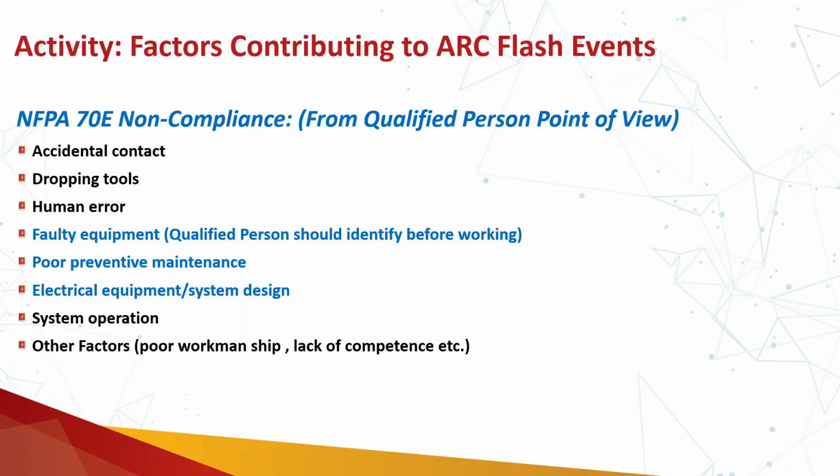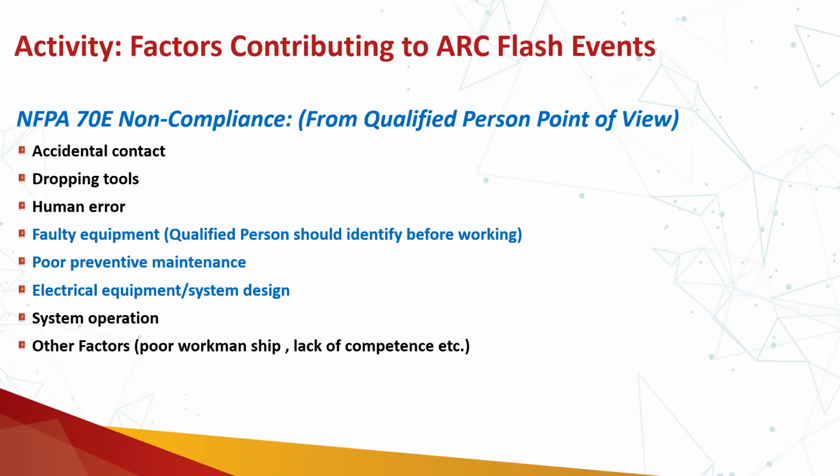Other things could be faulty equipment itself. A qualified person should identify before working. So if the equipment was not maintained correctly over the period of time, or the equipment was faulty, so why did the qualified person not identify those things and inform the concerned person before operating that particular equipment? Poor preventive maintenance.